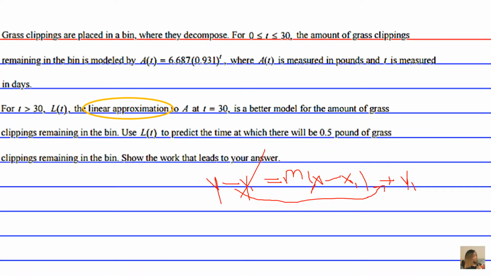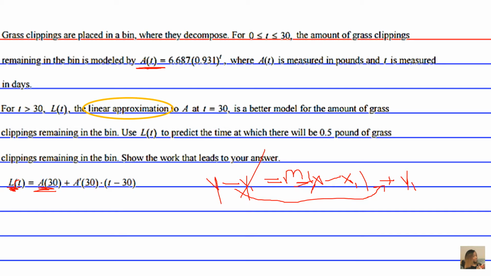All right, so what we will ultimately end up with for a linear approximation after 30 days is L of t, our linear approximation of the amount of pounds remaining at t, where t here is, I don't know, greater than 30 days. It doesn't have to be, it's just a linear approximation. We have A of 30, which we can figure out because we have the equation A of t.